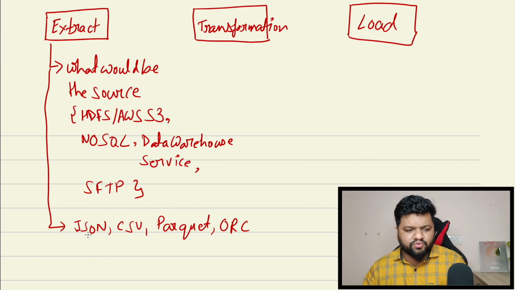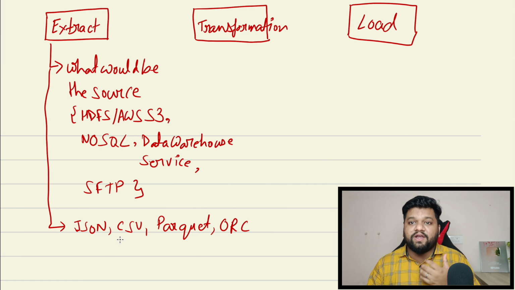And when it comes to JSON, obviously it will be a semi-structured data format because the schema is very flexible, attributes are flexible. When it comes to CSV, it will be a kind of formatted data in the form of rows and columns. When it comes to Parquet and ORC, these are the file formats which will be compressed and in the columnar format and very well supported for the analytical queries.